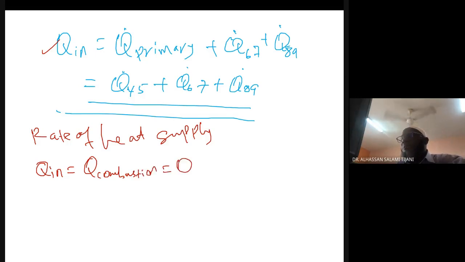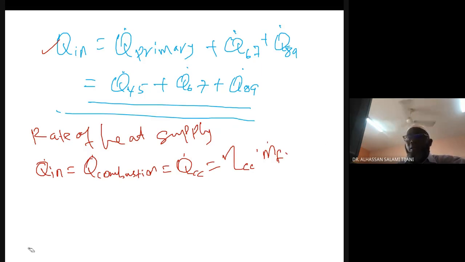It can be represented by Q dot. Q dot combustion, CC, equals the combustion efficiency times the mass flow rate of the fuel, times the calorific heating value.